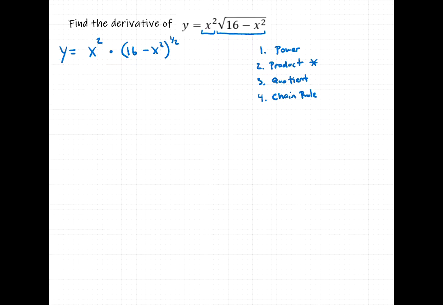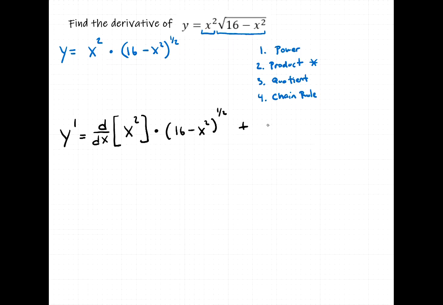And inside the product rule, we have a chain rule situation. So when we take the derivative of the second factor in the product rule, we need the chain rule for that. So let me write it out sort of in full detail. So we'll say y prime should be equal to the derivative of the first function, and we leave the second function alone, 16 minus x squared to the 1/2, and then switch it.